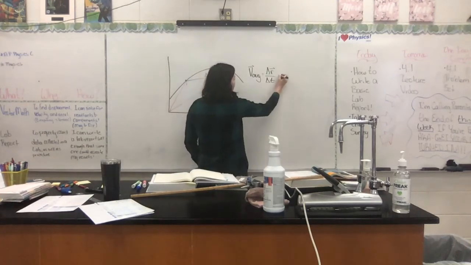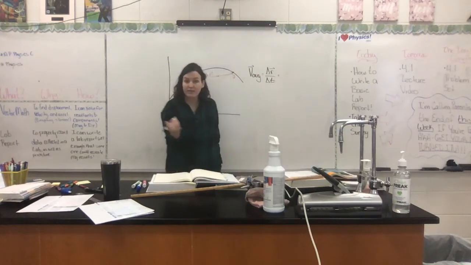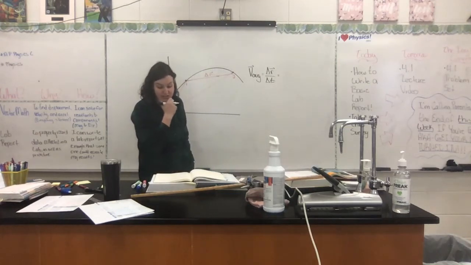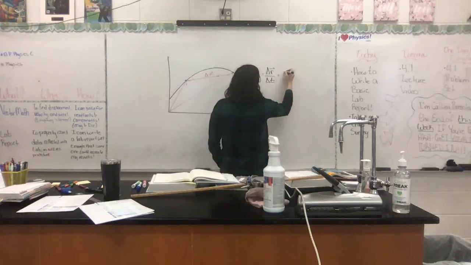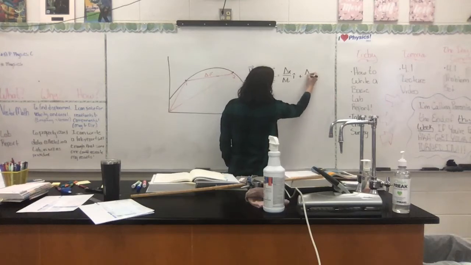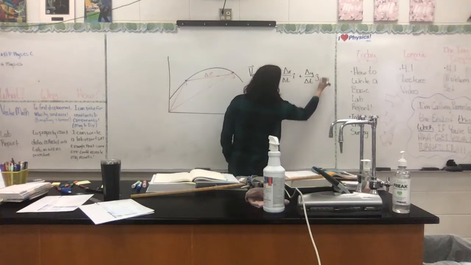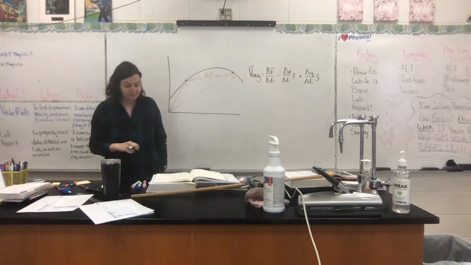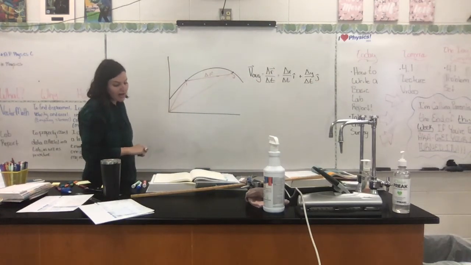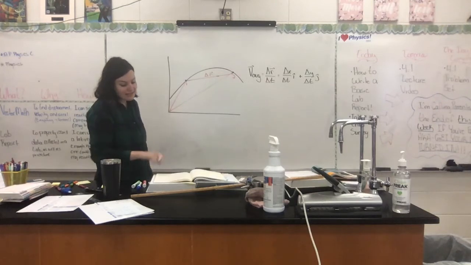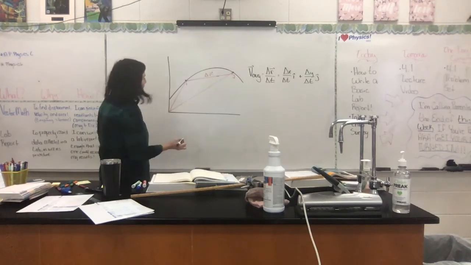Now, when we break that up into the components like we talked about previously, it's going to be delta X over delta T i hat plus delta Y over delta T j hat, okay?